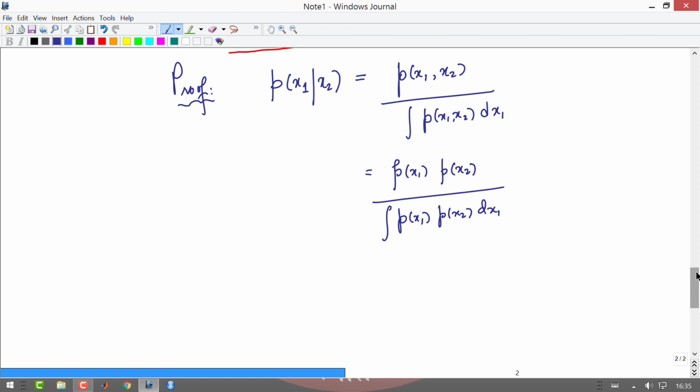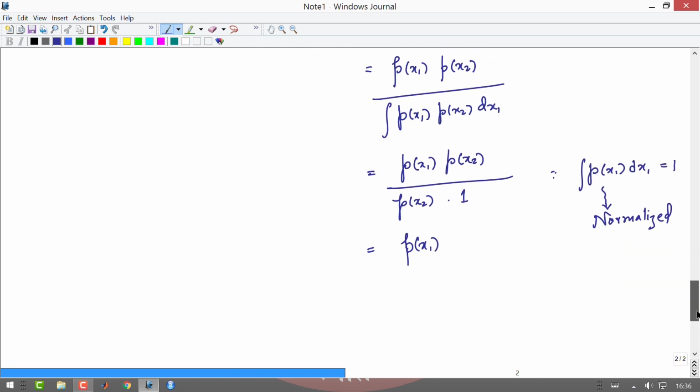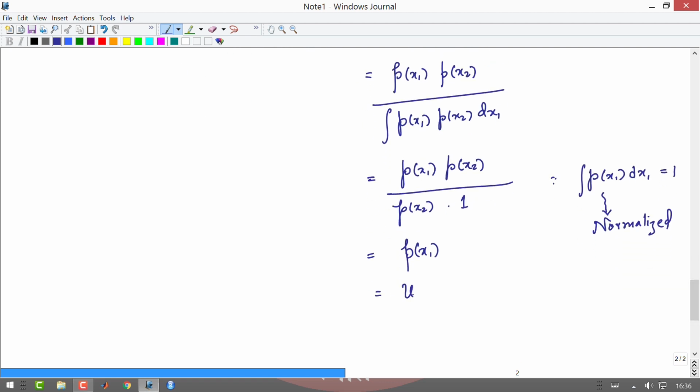So p of x2 will come outside the integral, and the integration of p of x1 dx1 is simply 1, because the distribution is normalized, leaving us with just p of x2. Okay, so this is the unconditional probability.